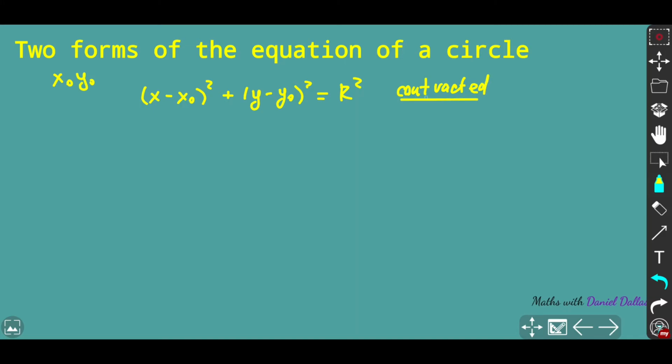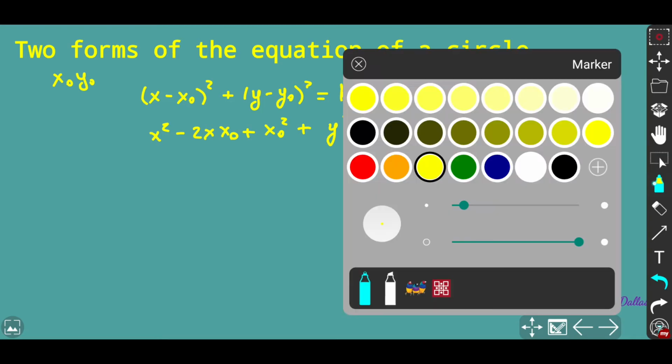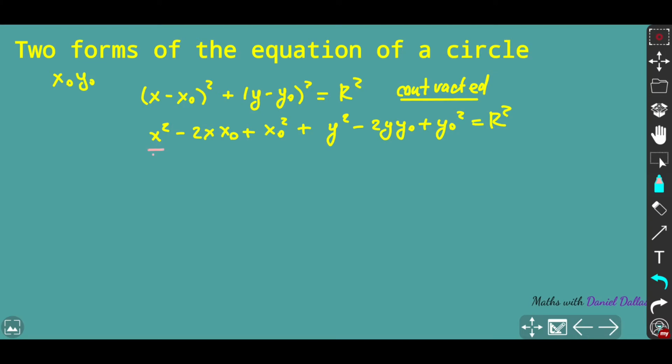I'll do it in a general way, but on the example, I'll show you how to do it. So x squared minus 2x x0 plus x0 squared, and also with y's. So y squared minus 2y y0 plus y0 squared equals r squared. Generally, what you can see is that we clearly have an x squared term, a y squared term, and also linear terms of the corresponding variables x and y.